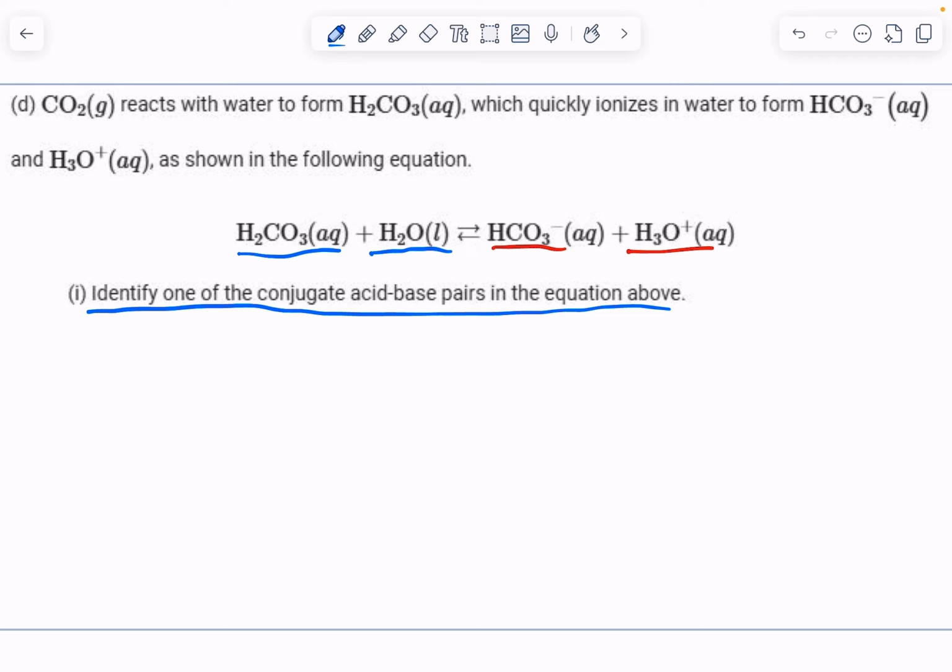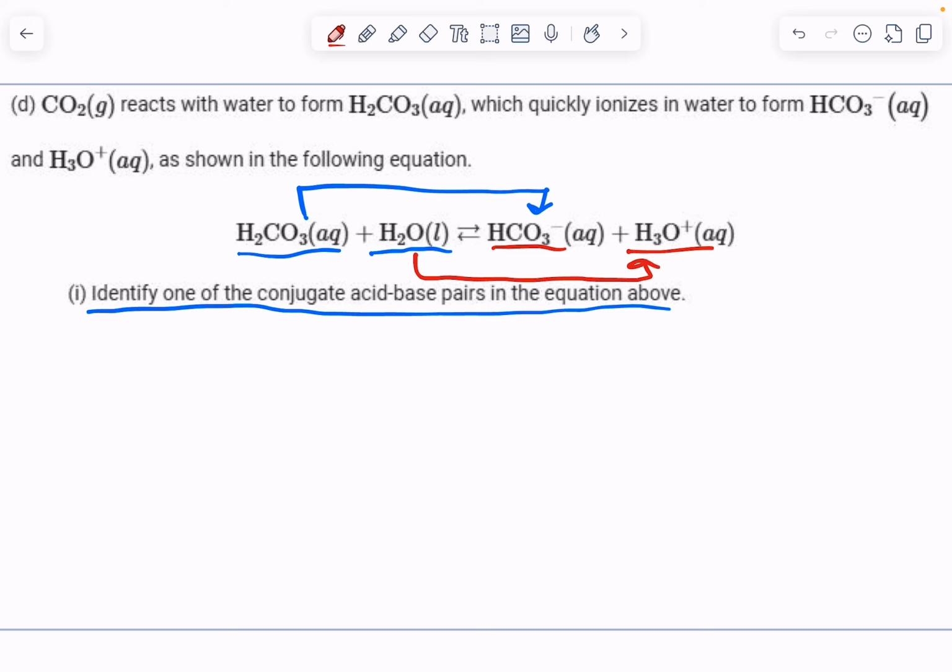In this case, the H2CO3 and the HCO3 minus are a pair. The only difference between these two species is one proton. Then the other pair would have to be the water and the hydronium.